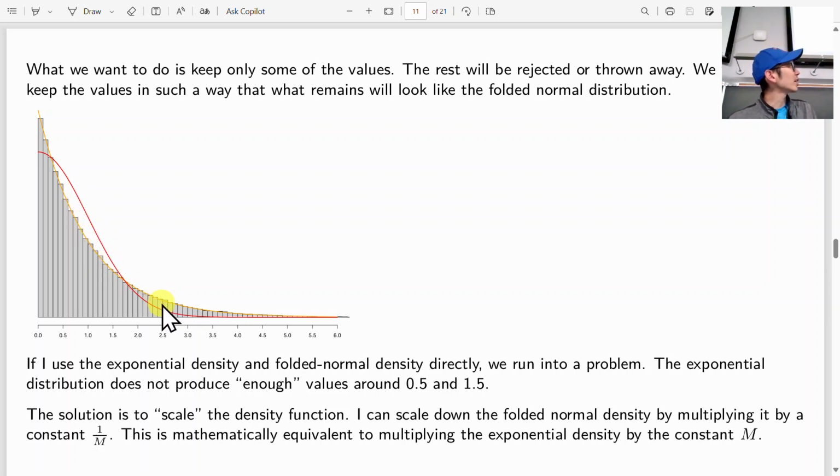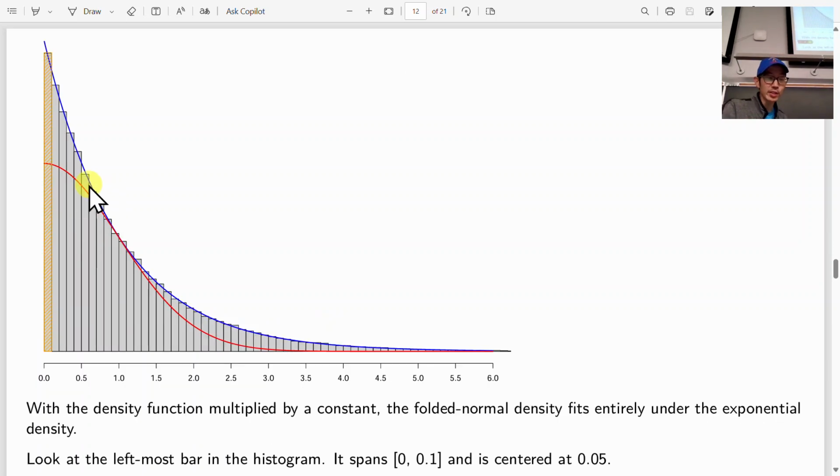So anywhere where the proposal distribution g is greater than f, we'll accept only some of them, okay? We might throw away some of these things, but we won't have enough values here. And so that's why we have to scale up or scale down. Either scale up the proposal distribution, M times g, so it's going to be greater than f, or conversely, you can do f divided by M, so it fits under g.